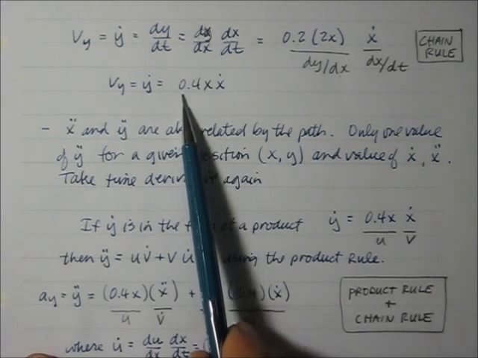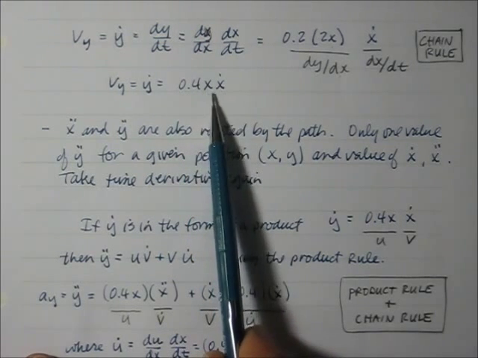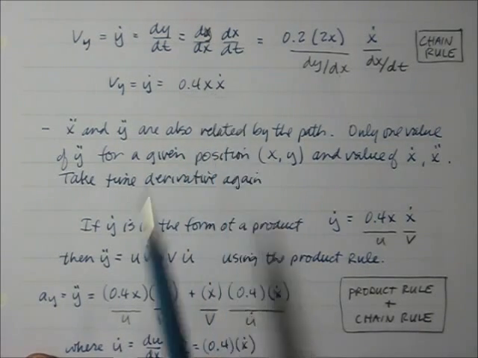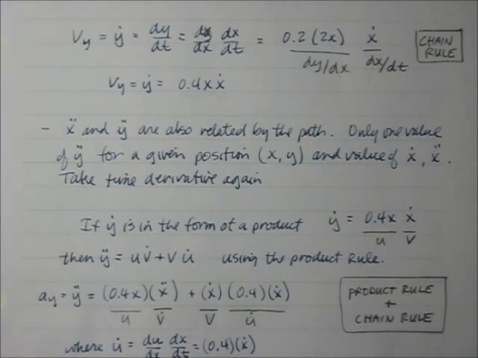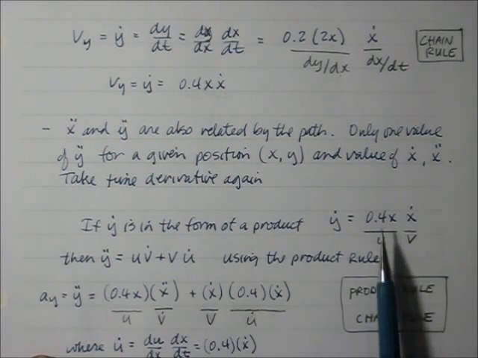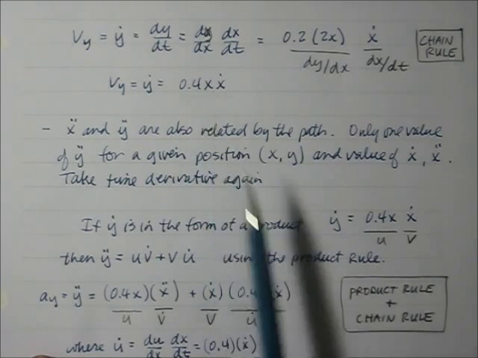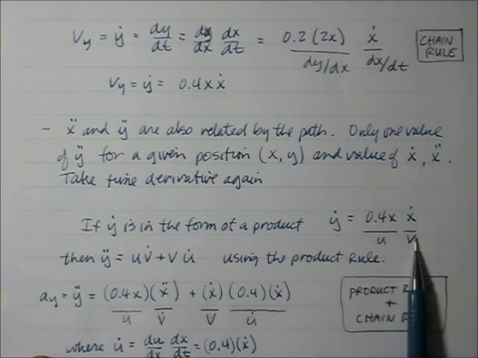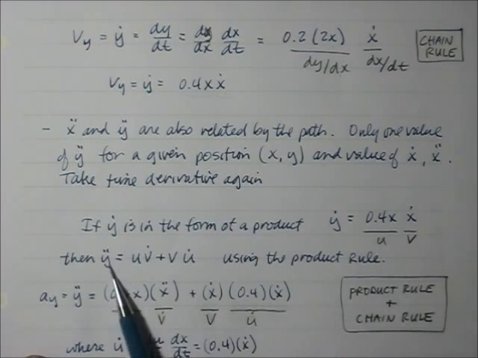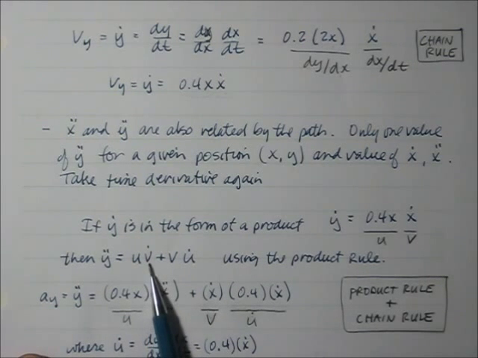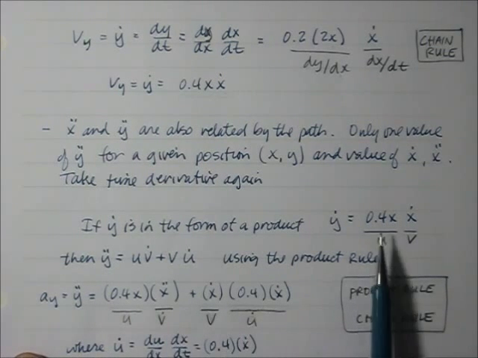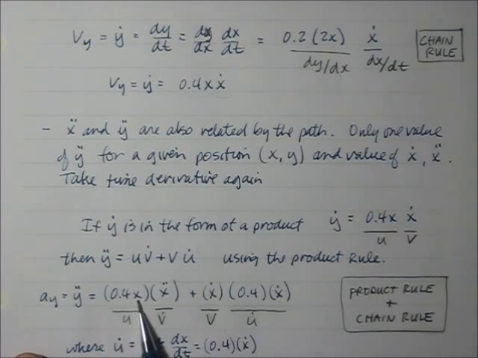In other words, I've actually got three terms, but I can combine two of them into one product. Let's call the first part my u and the second part my v. In order to take y double dot, I'll say u times v dot plus v times u dot. That's the product rule. So y double dot: u, 0.4 times x, is u.